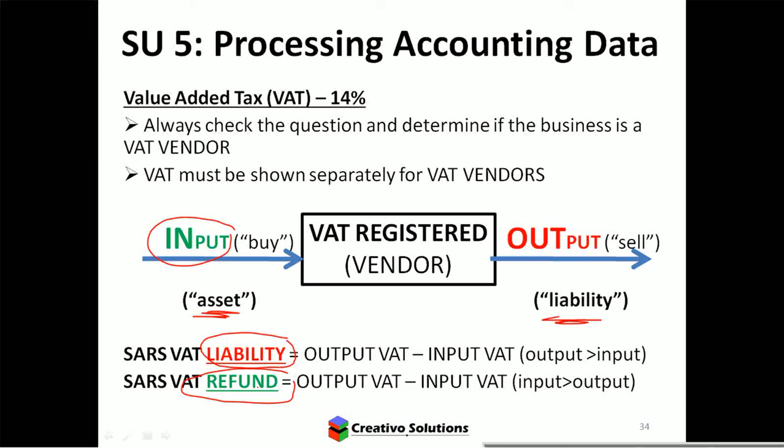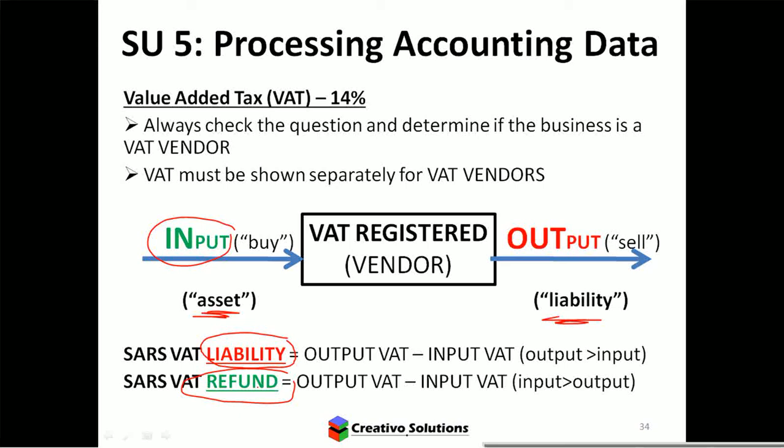I thought it was only bread. Bread also, milk also. Basic food items. Not all fruit and vegetables, obviously, but the most important basic ones. Remember SARS has a list, and on the list they have all the items that are zero rated, and all the items that are exempt.